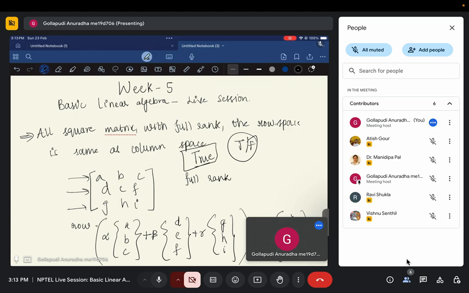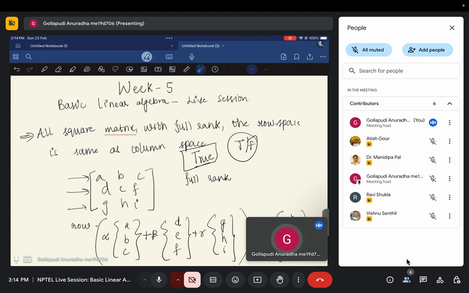In short, if I can explain it, for example, I have a 3 by 3 matrix with rows A, B, C, D, E, F and G, H, I. Because it is full rank, it will be my basis for the row space.